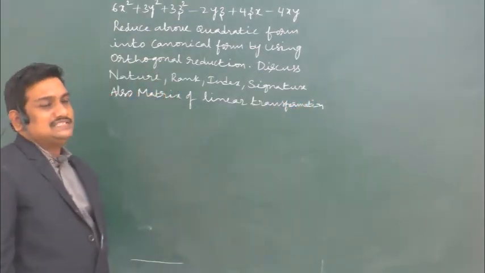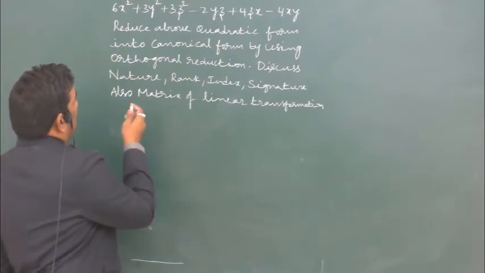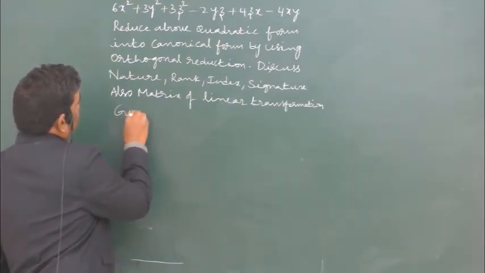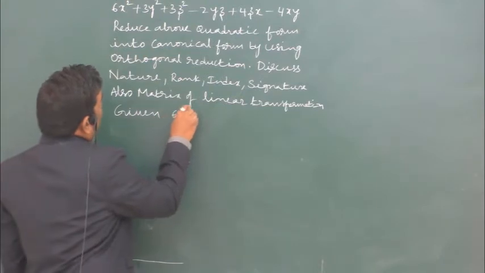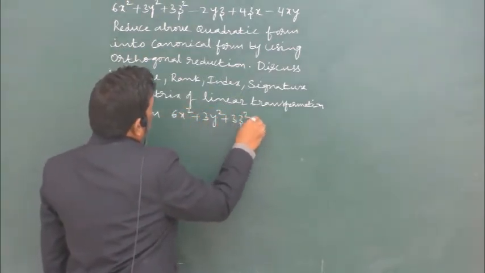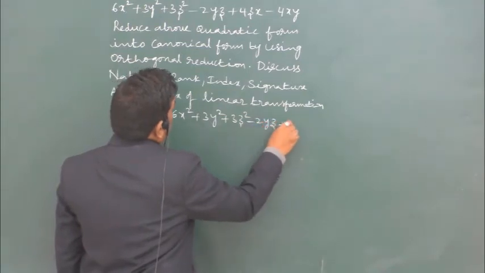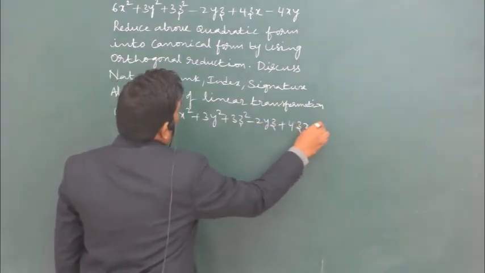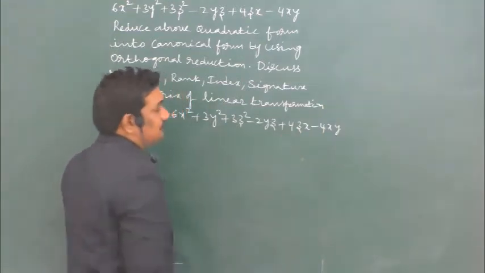Okay, now let us start with taking the quadratic form. It is 6x² + 3y² + 3z² - 2yz + 4zx - 4xy.